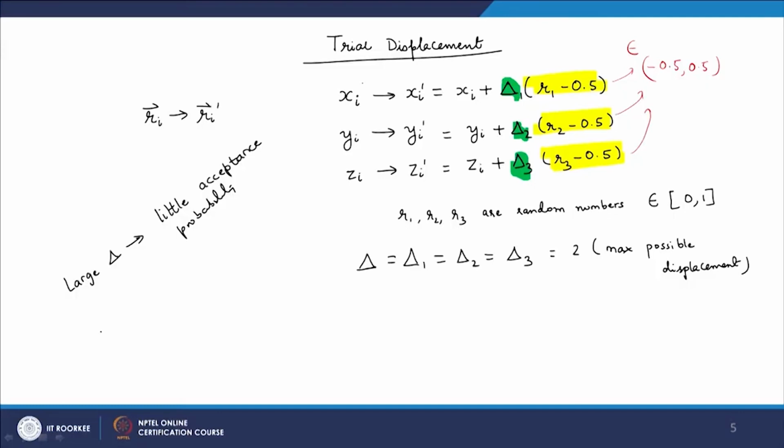That is one problem. If on the other hand I start with a very small delta, now you will see what will happen. If I just pull a bead slightly, then the spring elongation will change only slightly. That would mean that the energy change will be very small. If the energy change is very small, the move is more likely to get accepted. So, every trial move you do will be more likely to be accepted. Okay.